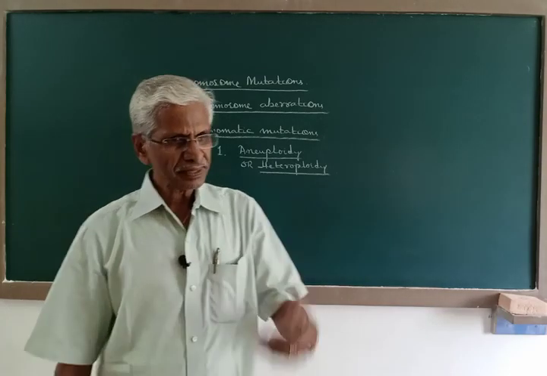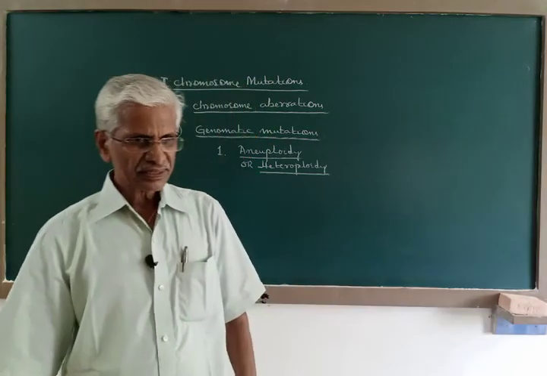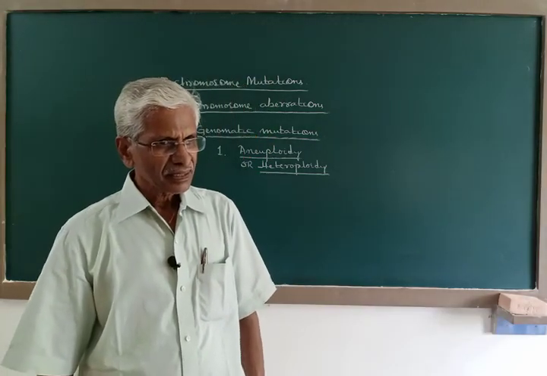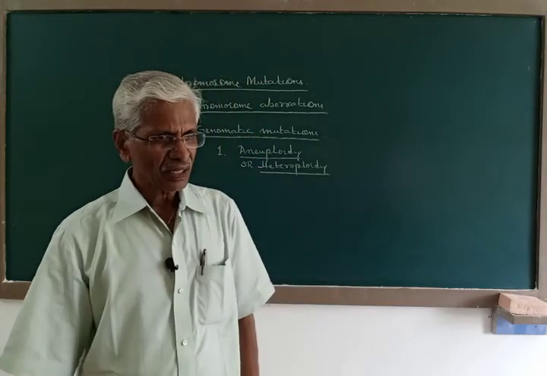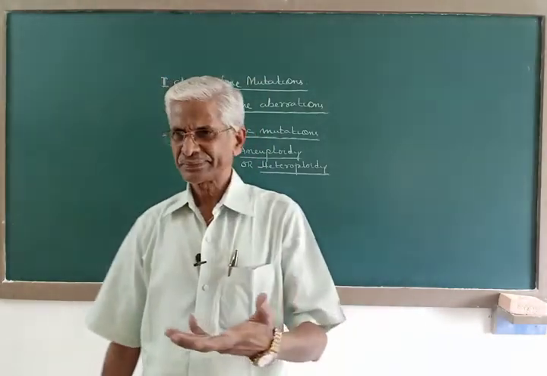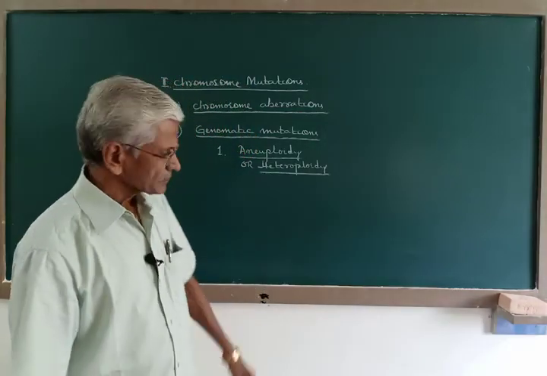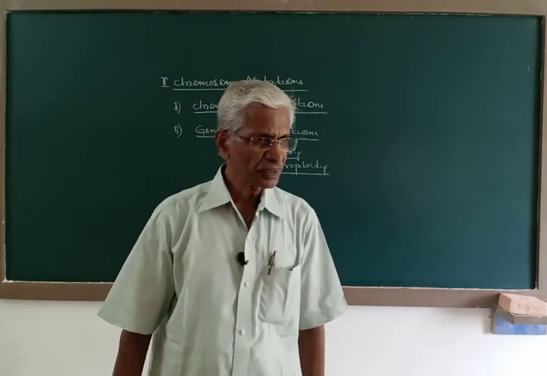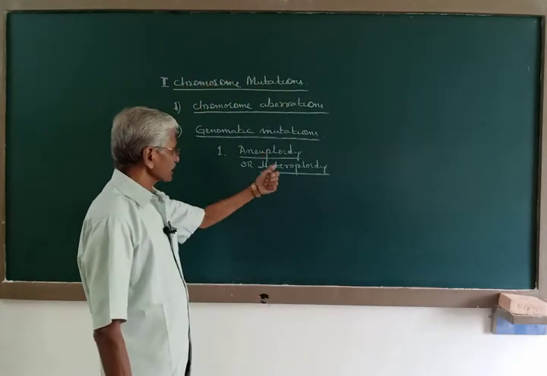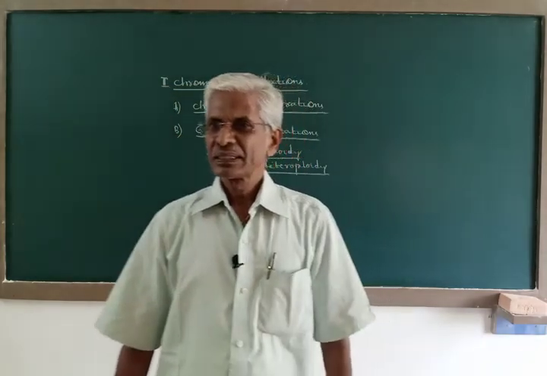So, in a diploid number of chromosomes in an organism, if there is either deletion, loss, or addition or extra chromosome appearing, this type of chromosome mutation is called aneuploidy or heteroploidy.